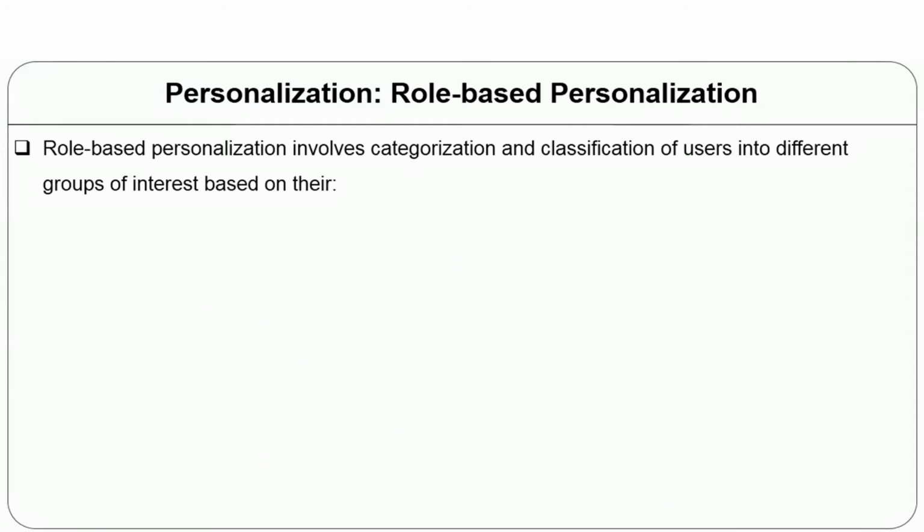Now role-based personalization. Role-based means categorization and classification of users based on their interest. You have to see the user profile and role in the application domain, then make this kind of personalization, role-based.